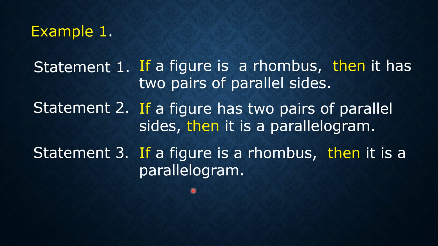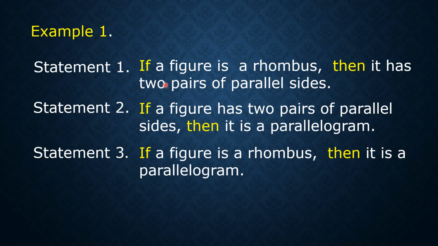Notice that the conclusion in statement number 1, it has two pairs of parallel sides, is the hypothesis in statement number 2: a figure has two pairs of parallel sides.